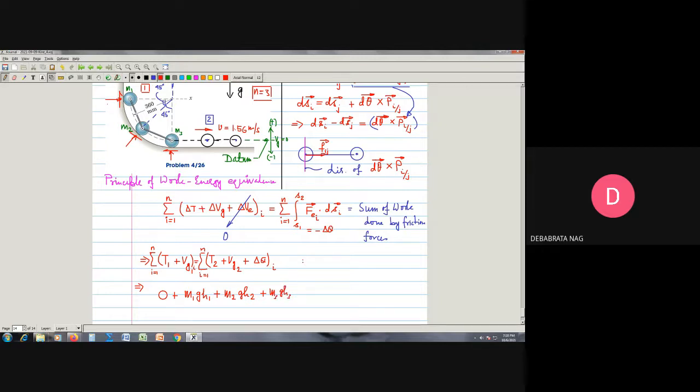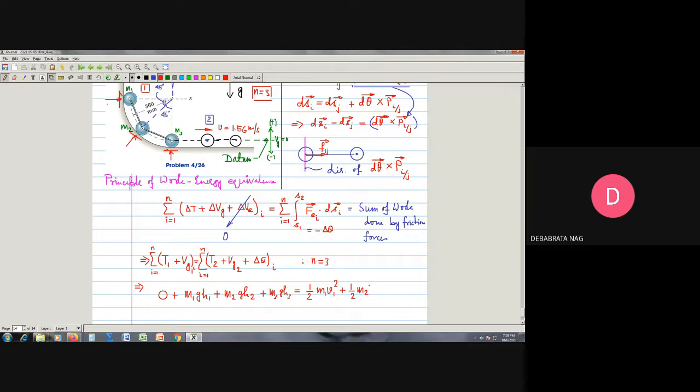That must be equal to the sum of the total kinetic energy of the system. So half M1 V1 square plus half M2 V2 square plus half M3 V3 square.